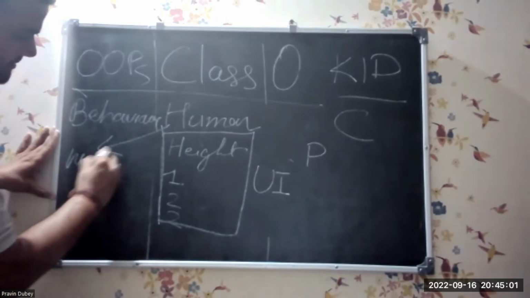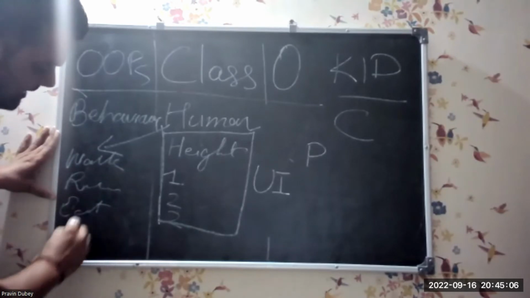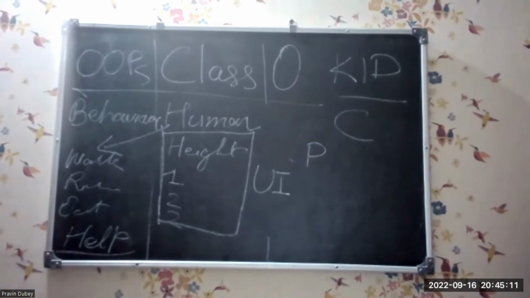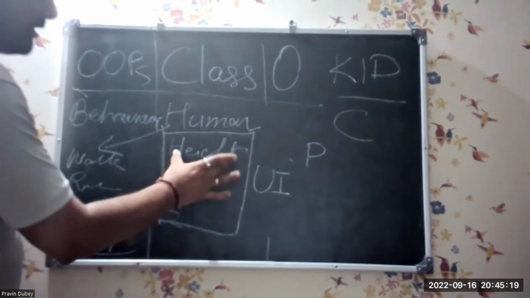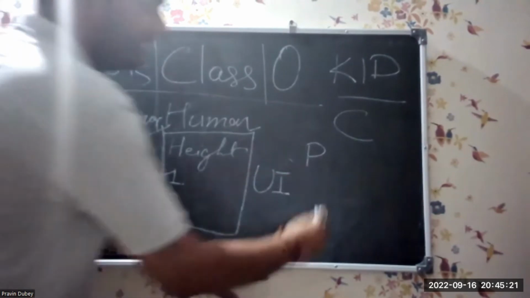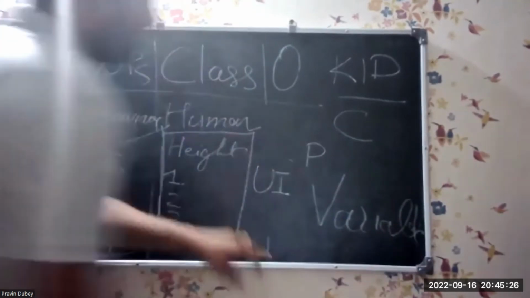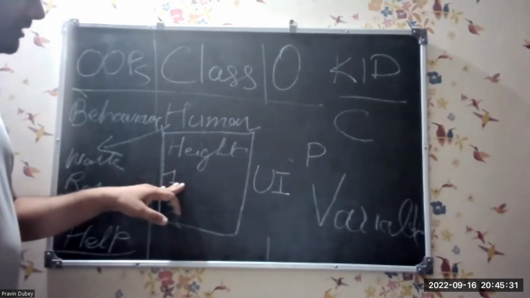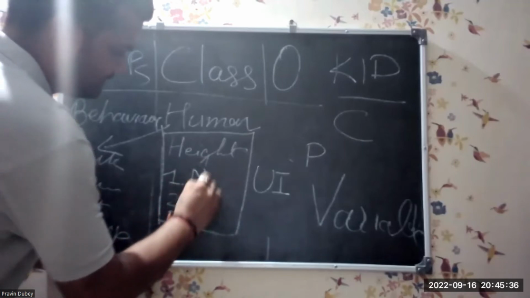So he can walk is a behavior. He can run is a behavior. He can eat is a behavior. He can help, which we all forgot, is a behavior, right? So help is an important behavior. So these are behaviors. Now we all know how we can store height. We just learned, right? Variables. Variable is something where I can store height value. I can store height value as variable. I can store ear value as, no, this was nose.